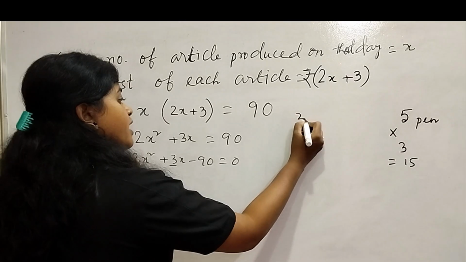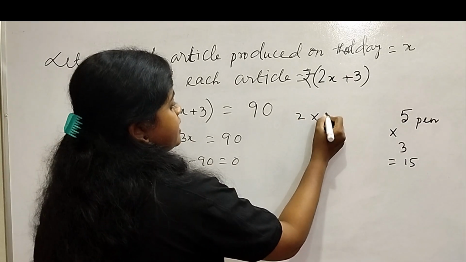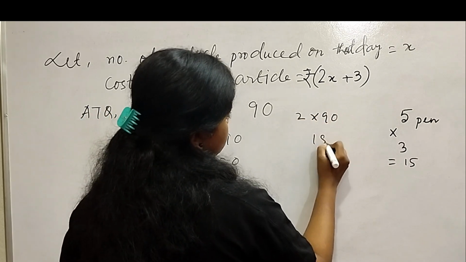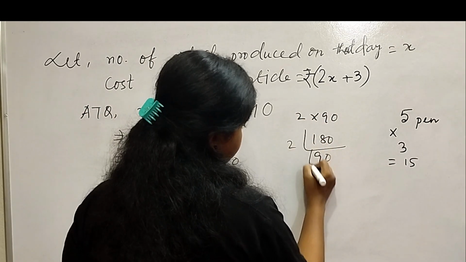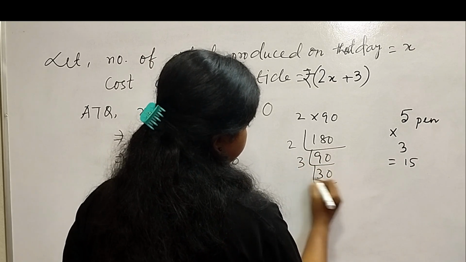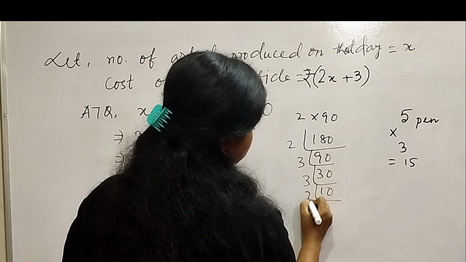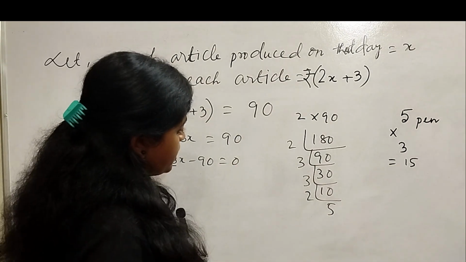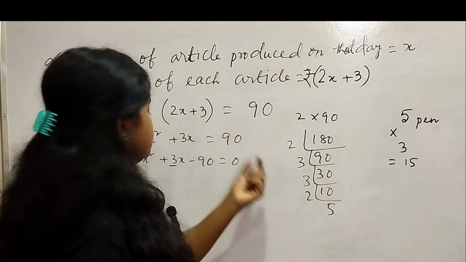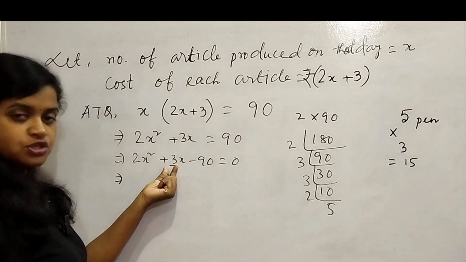Here the middle term is 3 and we need to find its pair. The coefficient of x square is 2 and the constant term is 90. So 90 into 2, that is 180. So 180 you have to factorize. 2 90s are 180, 3 30s are 90, 3 10s are 30, 2 5s are 10. Now you need to find a pair such that the difference will come 3.